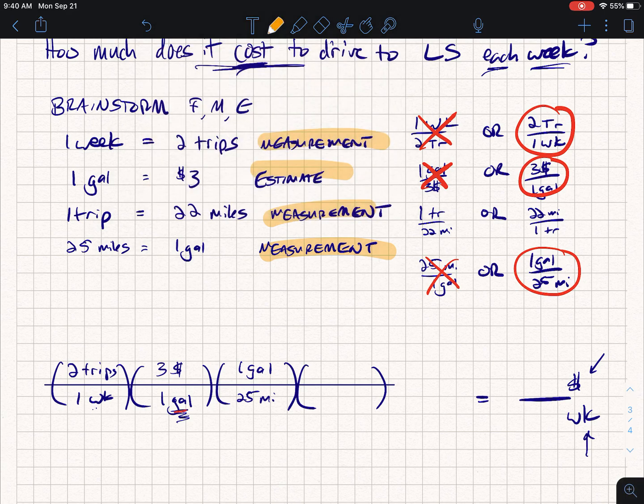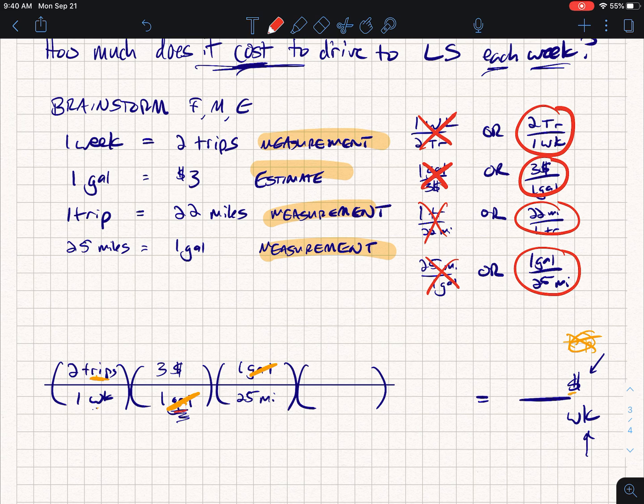So I can start crossing some of these things off of here. I know that this gallon cancels out that gallon, but I've got trips and weeks and dollars and miles, and that's not good. I need to be left with just dollars over weeks. And there's no trip on this side, all right? The trip doesn't exist over here, which means I need to get rid of that. And the way I'm going to do that is by finding the one that has trip on the bottom, which is this.